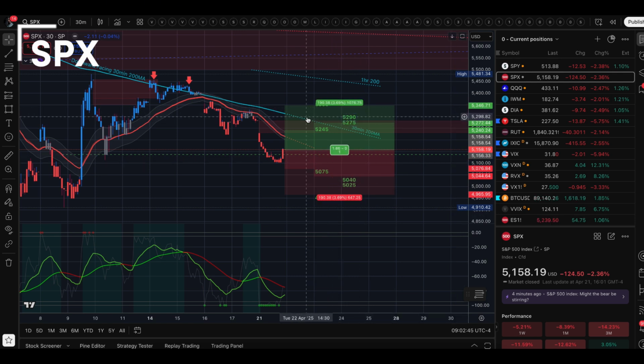On today's contract, 52.90 is just underneath this 30-minute 200 moving average. And then since we have a $30 wide spread, I'm looking to 52.90, 53.20. That puts me right in this downward momentum area.